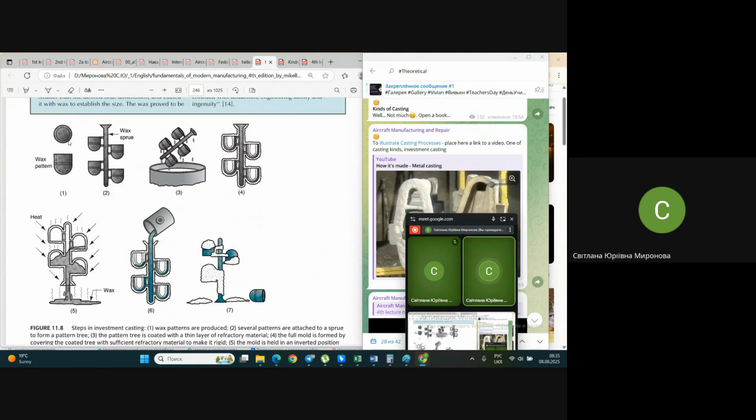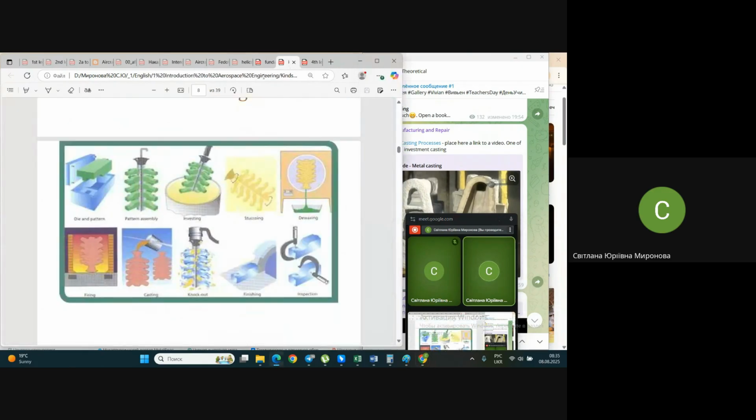Okay, they make something like a wax pattern here, the same we see here. How to make the wax pattern itself doesn't matter. The final part, what is shown here, is already in the process of measuring, of inspection, to see what the part looks like.